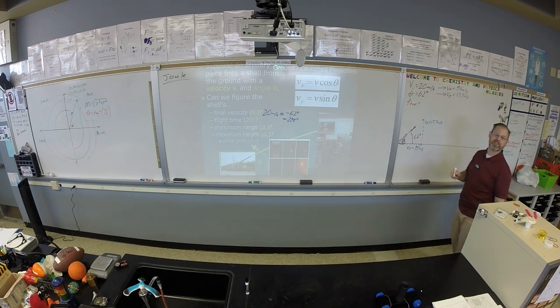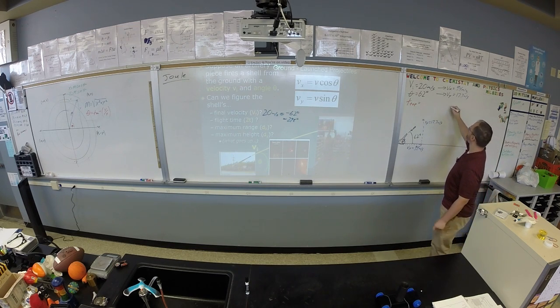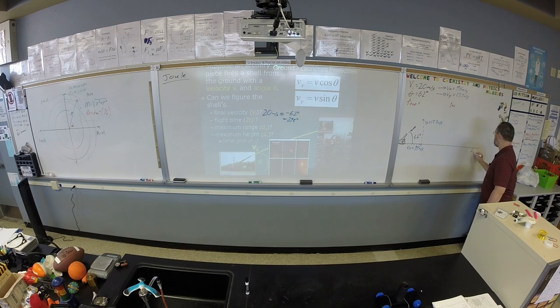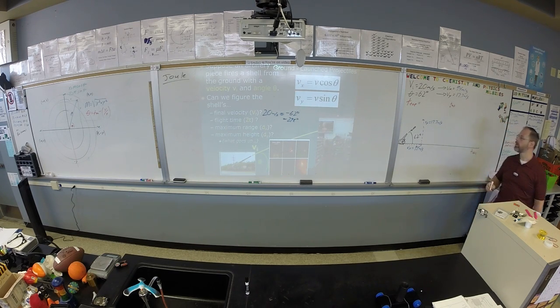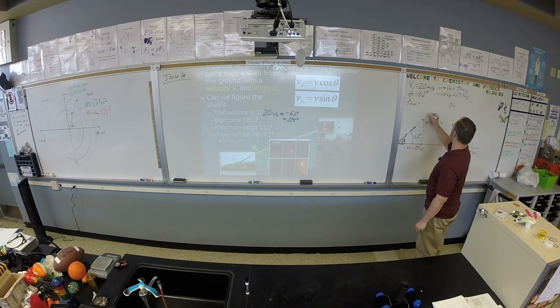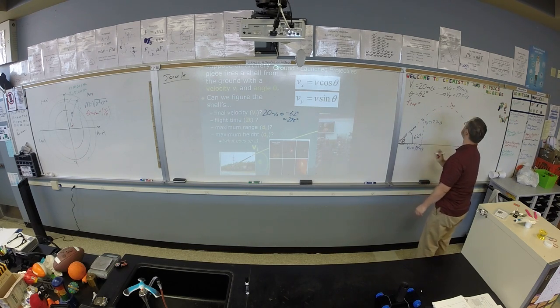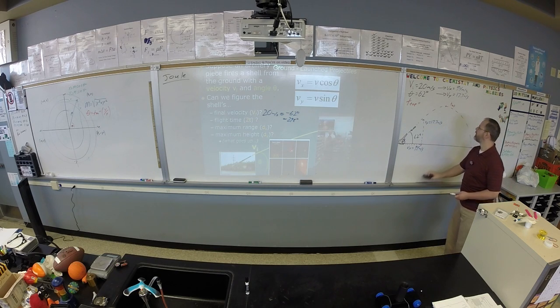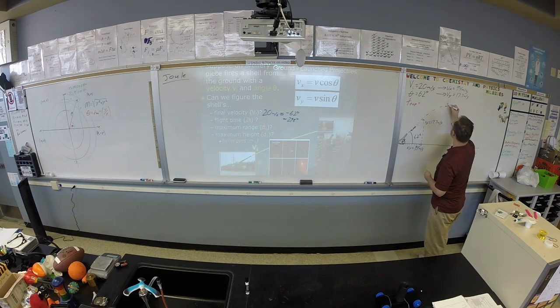Separate t top from t total. So t top is going to be the time up here, and t total is going to be the time down here. So the projectile is going to go up. Now t top is right there. What's the time it takes to get to the highest point?